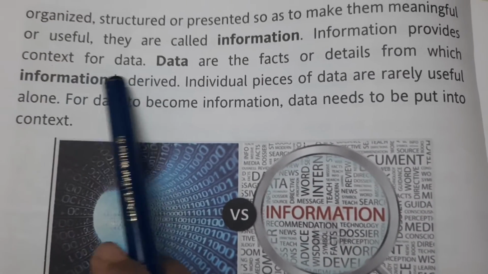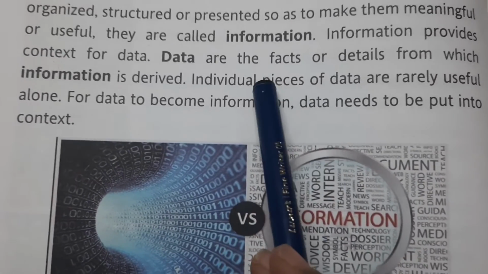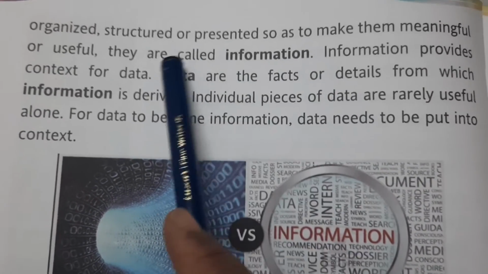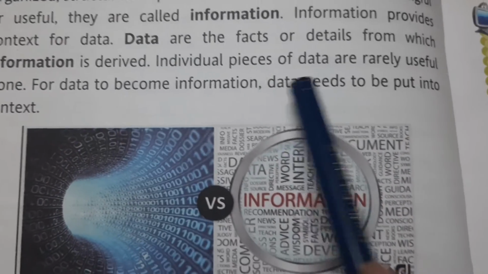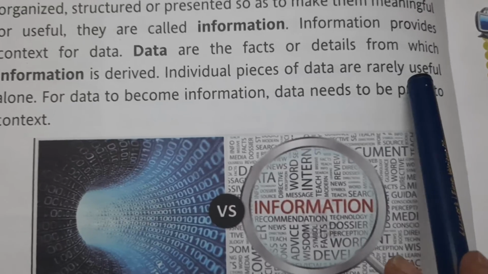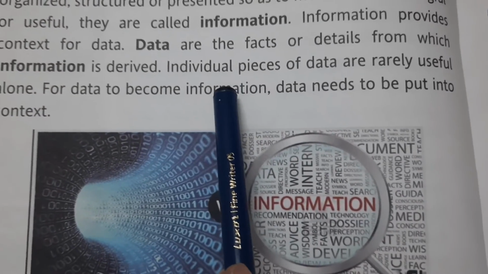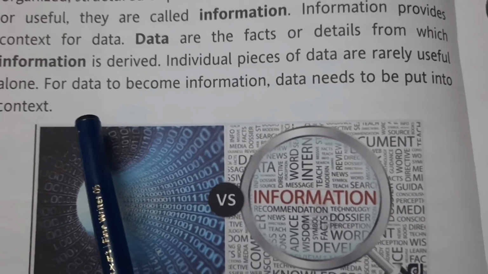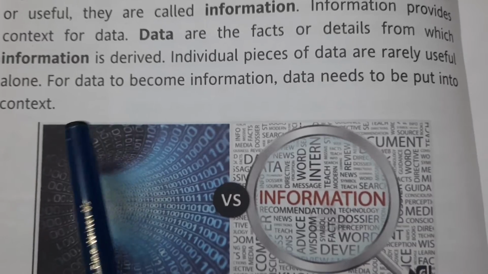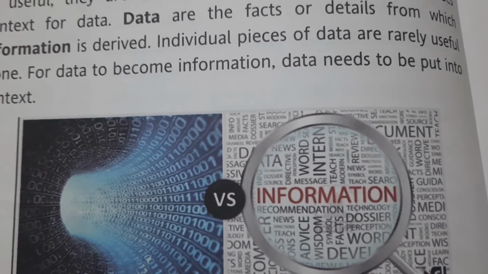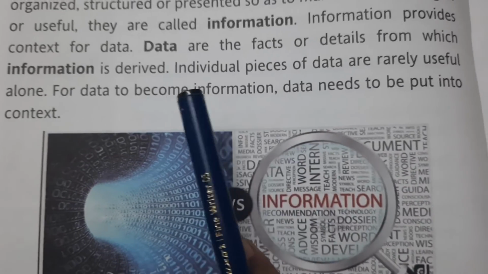We cannot get information just randomly. We need to have data so that we can derive the information. Individual pieces of data are rarely useful alone. As I told you, individual pieces are not useful, but they are not totally useless either. They have some use, but when they combine with other data, they produce more information.